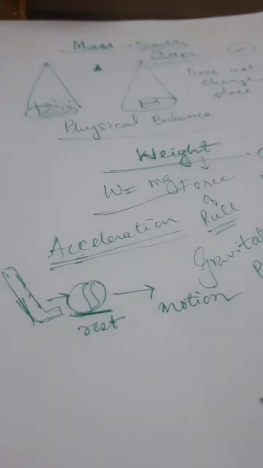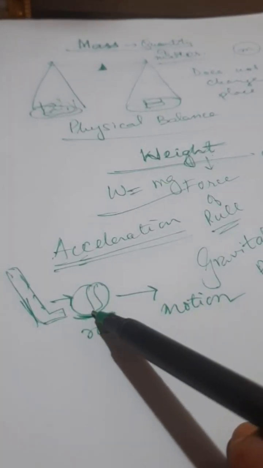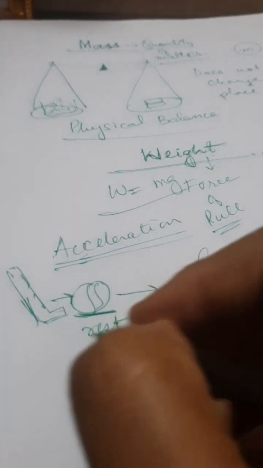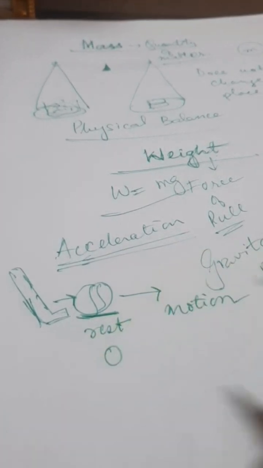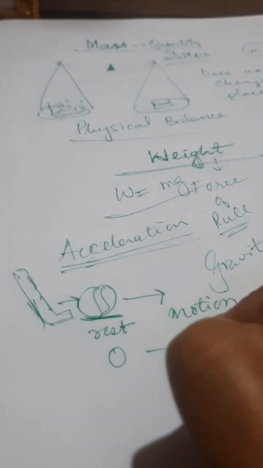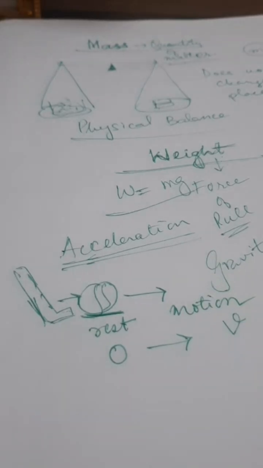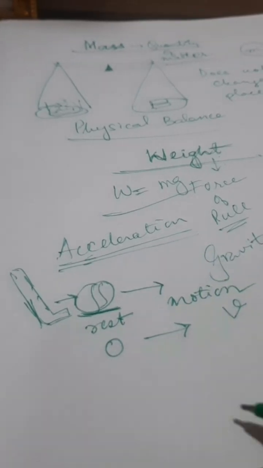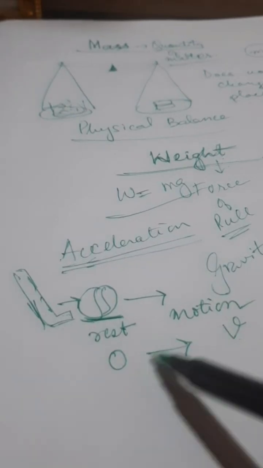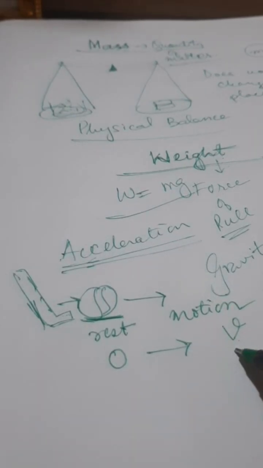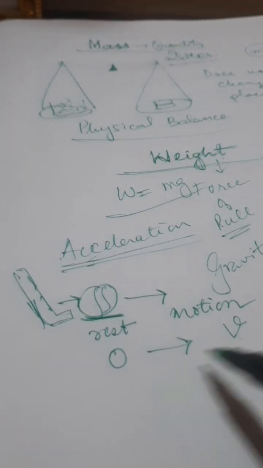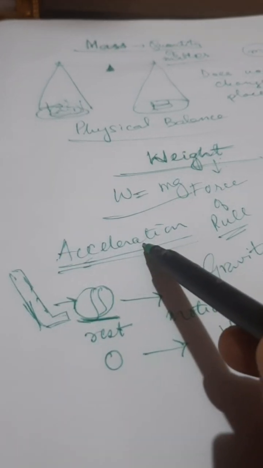What does this mean? It means the object was not having any velocity. It was having velocity 0. But from there, when you hit the same ball, it came to motion having velocity v. So there is change of velocity.